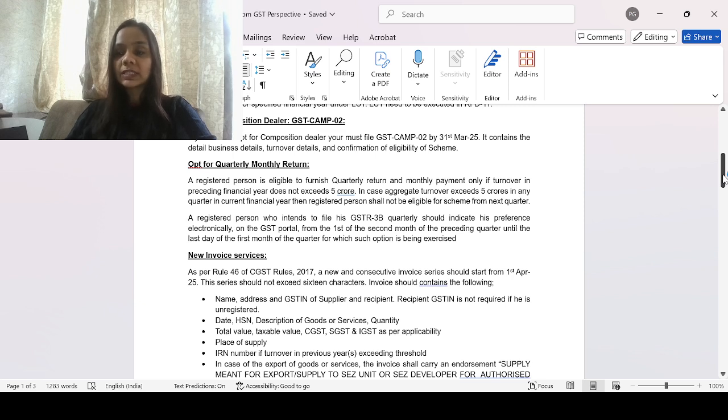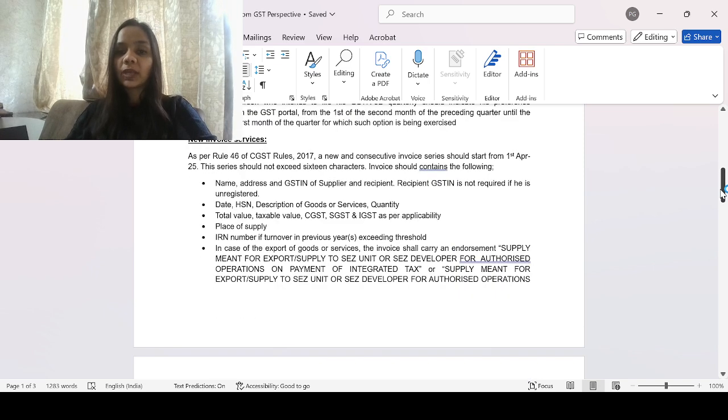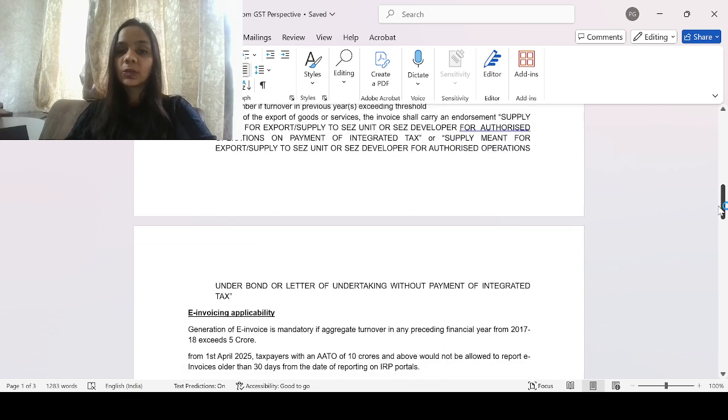If turnover has exceeded 5 crore in any financial year from 2017-18, then it is mandatory to mention the IRN number on invoices. In case of exports of goods and services, it is imperative to mention whether the supply is for export, or to SEZ, with or without payment of IGST, in the invoice header. This is also an important point to keep in mind.